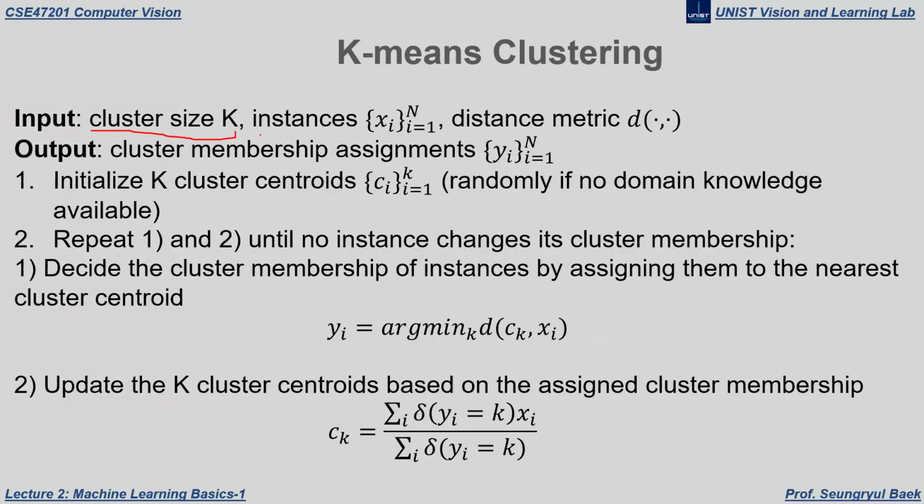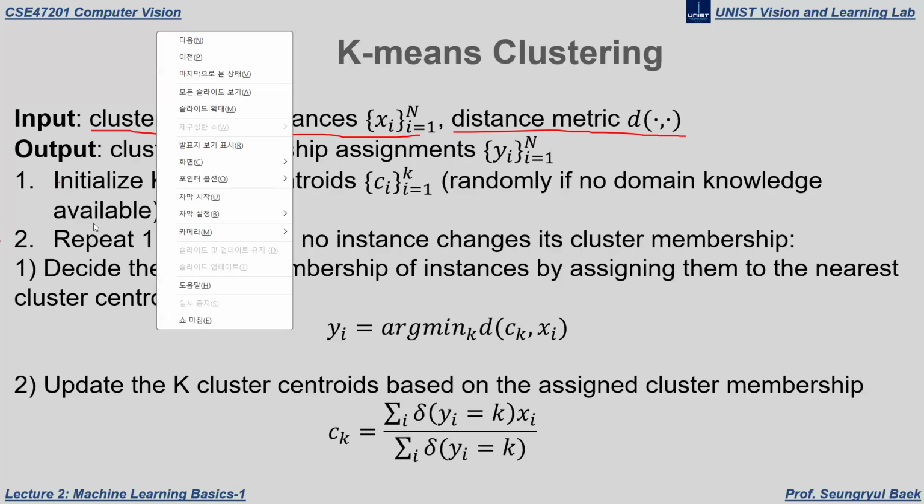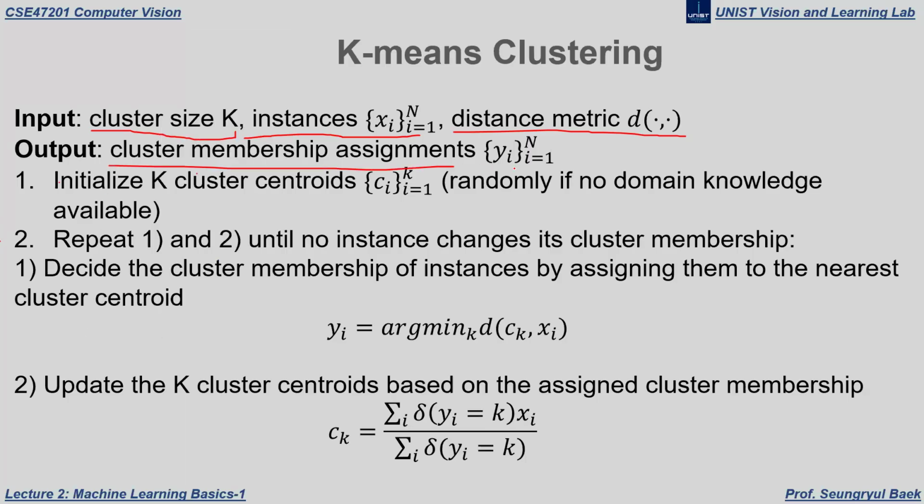And you have to have xi, the n samples. And you also need a distance metric to calculate the similarity or dissimilarity between samples and centroids. This is the input. And the output means the clusters Y for the n samples.